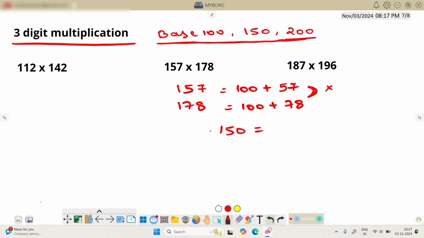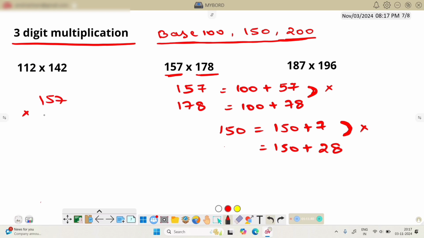Okay, so if you take base 150, you will get 150 plus 7. Okay, so here 157, no, 150 plus 7. And next for 178, 150 plus 28. Now the multiplication is easy, no? 7 into 28, you can multiply easily. Let us see this sum.